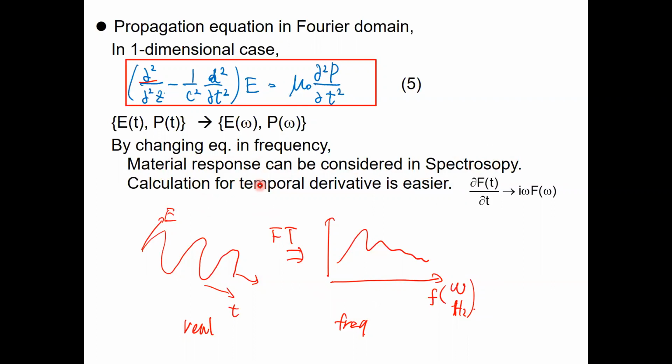Also, the other important thing is that the calculation of the temporal derivative is much easier, because if you have a function f of t, then the partial derivative of f in the Fourier domain can simply be changed to i omega times f. So this partial derivative of t can be eliminated.